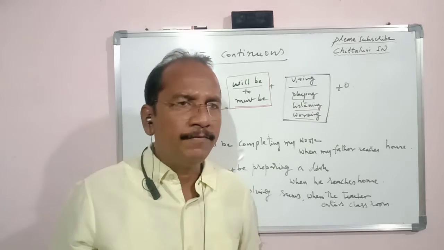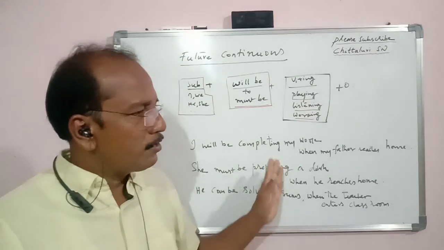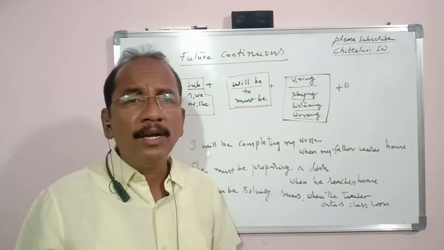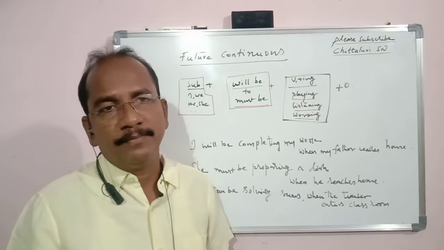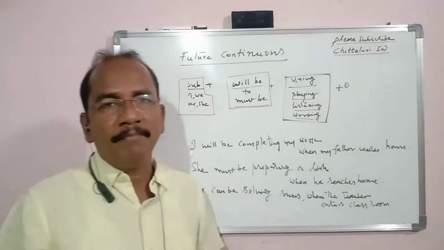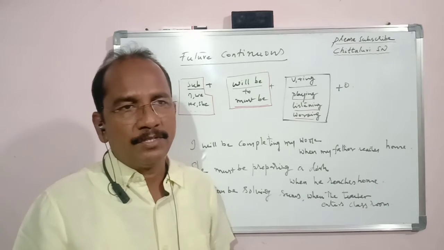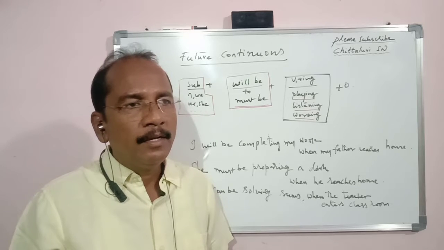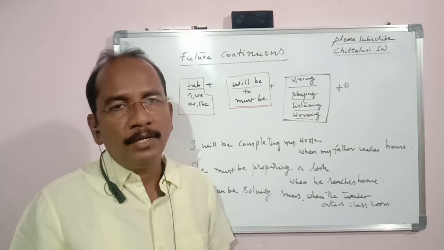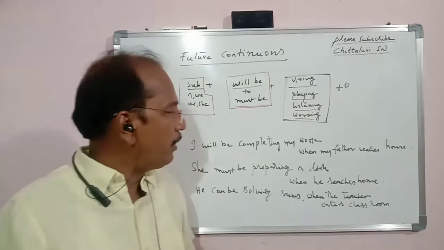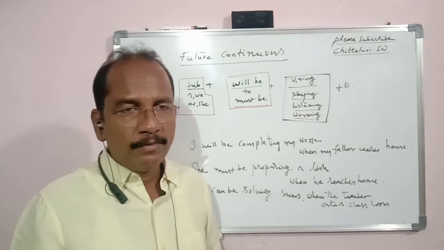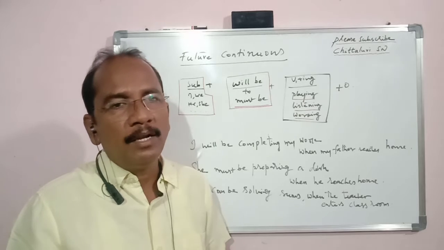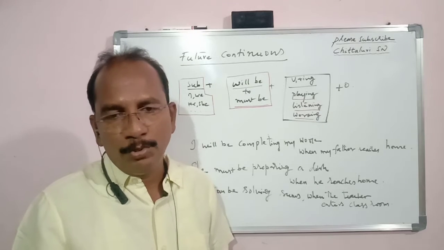The main purpose of using future continuous tense is to denote an action which will be going on for some time in the future, which will be happening at a certain time in the future, right?